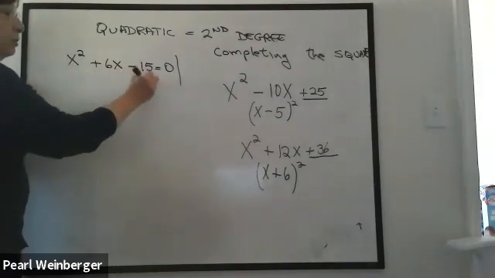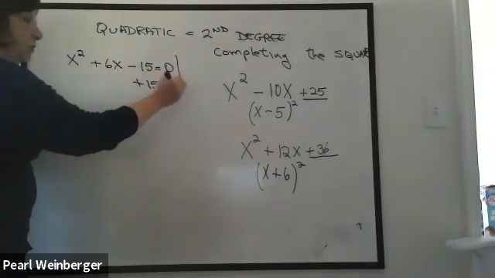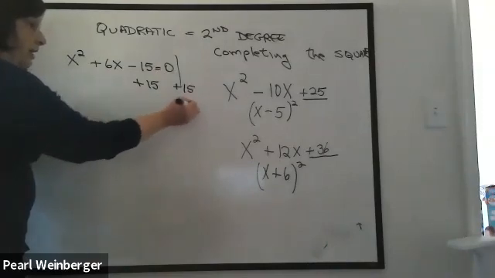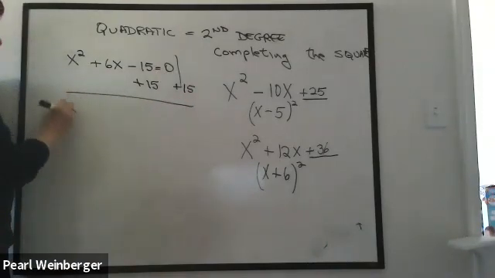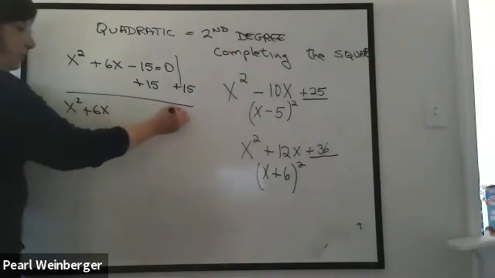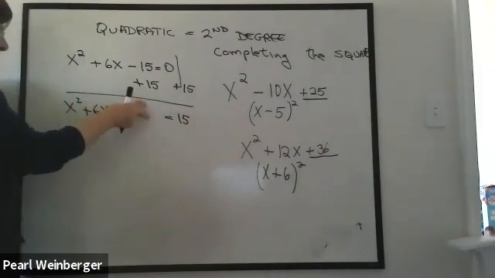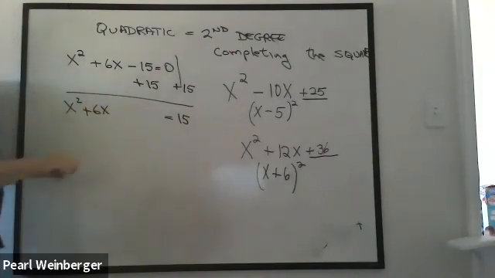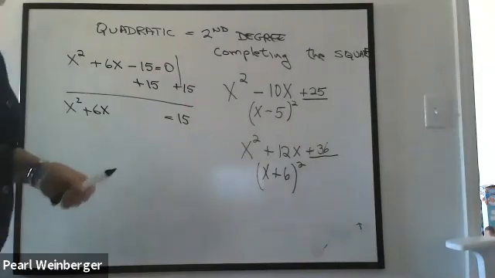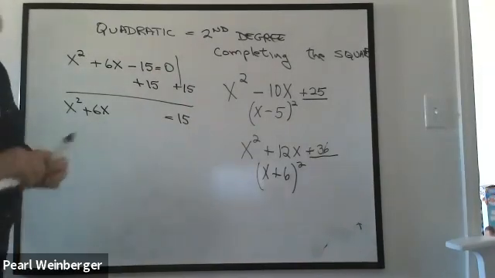So the first thing I'm going to do is add 15 to both sides so that I end up with x squared plus 6x equals 15. Now, if you notice, even though I added 15, I didn't get rid of the space. The space is very important because I'm going to fill it in.